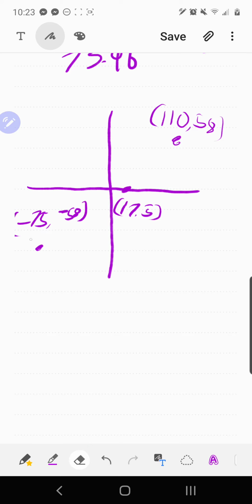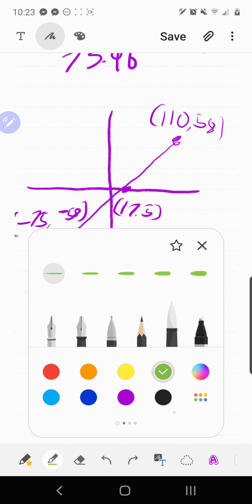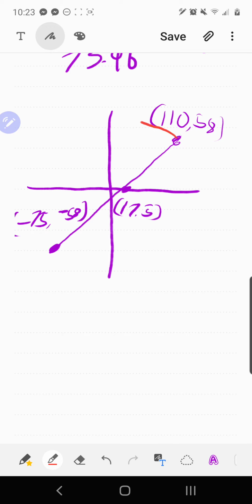Let me draw my circles a little better. It doesn't have to match up precisely. All right, circle.